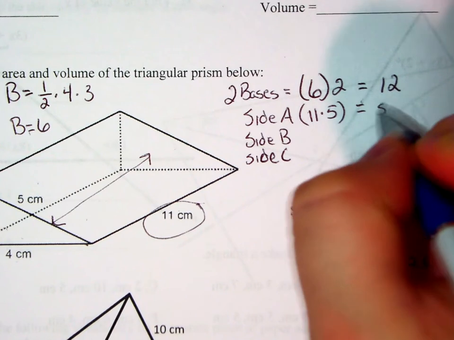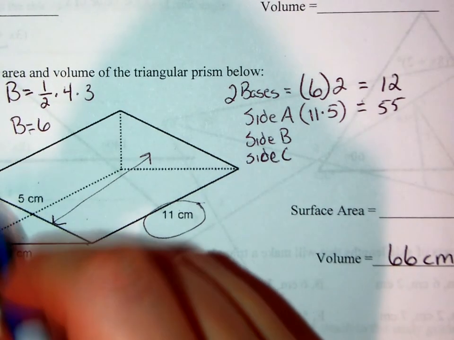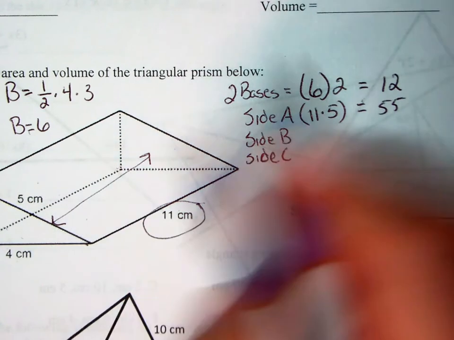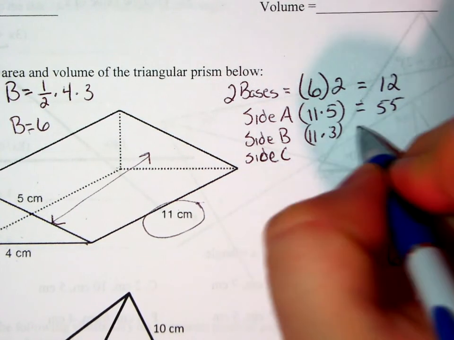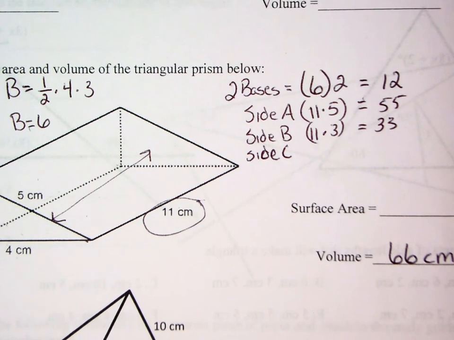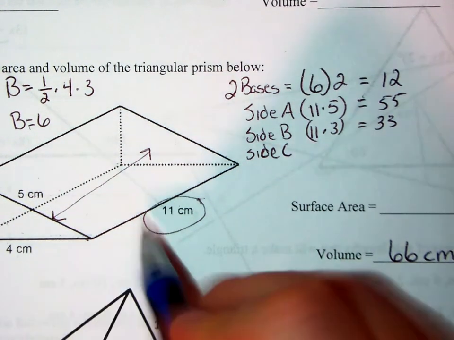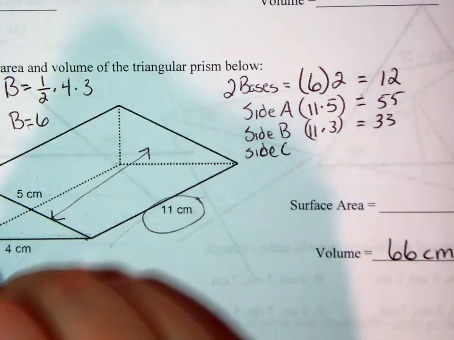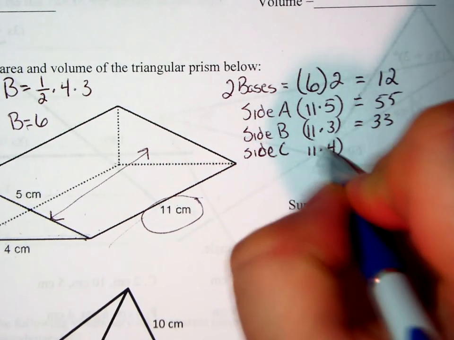That would equal 55. I have a back side over here. It's got a height of 3 and a length of 11. So that would be 33. And I have a bottom side down here. It's got a length of 4 and a width of 11. So 11 times 4.